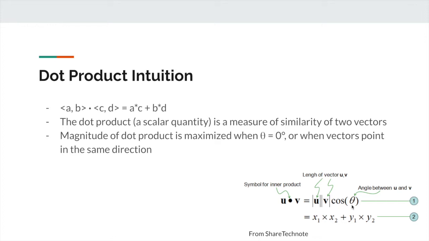Or anytime it's 0 plus 2 pi times any integer, right? So you want this theta here to be 0, and theta is 0 when these two vectors are pointed in the same direction, right? That's how we maximize the dot product. The dot product gets maximized when the two vectors of interest point in the same direction.